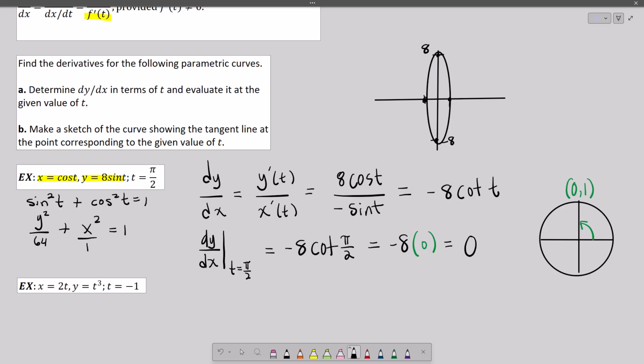Now, the place that we are on the ellipse when t is pi over 2: plug in pi over 2. Cosine of pi over 2 is 0. Sine of pi over 2 is 1. 1 times 8 is 8. So we are right here, at the exact top, correct?